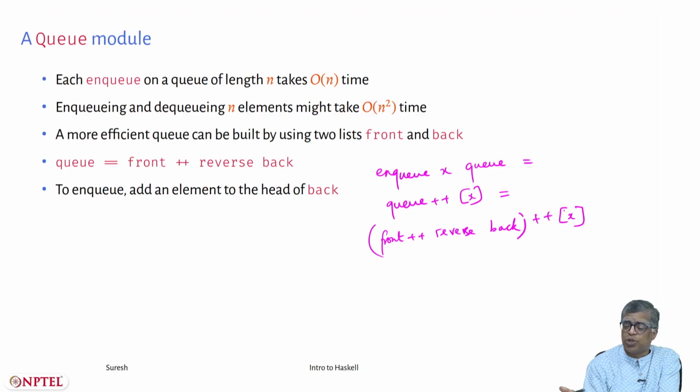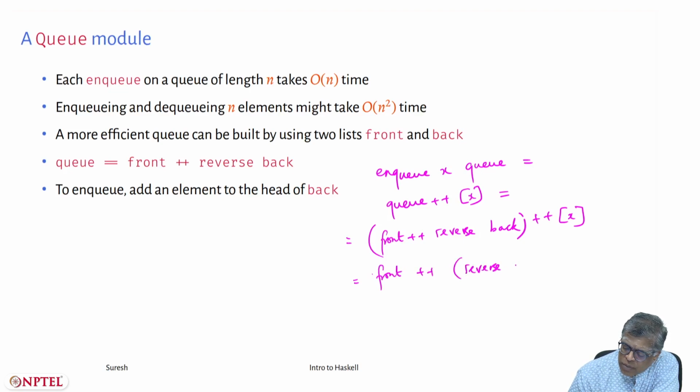But plus is associative, right? It matters for complexity, but for correctness, it doesn't matter whether you concatenated these two lists first and then the third, or the second and third list first and then put the first list in front. So this is the same thing as front plus reverse of back plus singleton X.